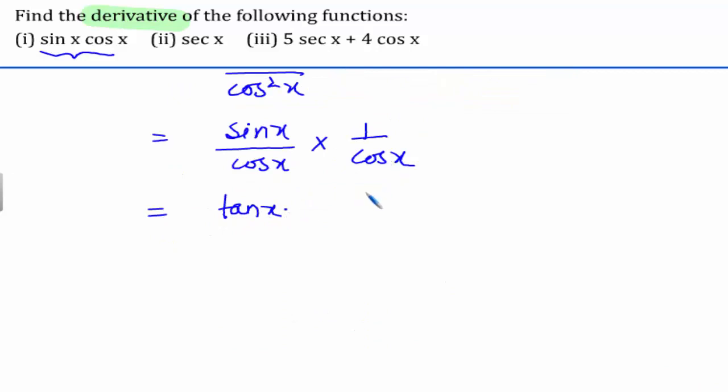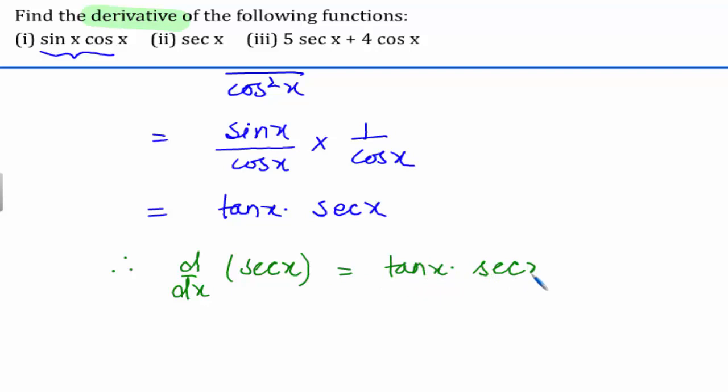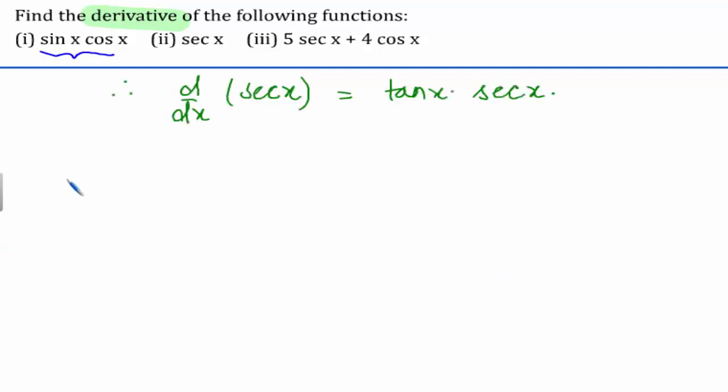Now let us proceed on to the third part. Let us define the given function by h x. So h x is equal to 5 sec x plus 4 times cos x. We have to find h dash x, that is derivative of the given function with respect to x.